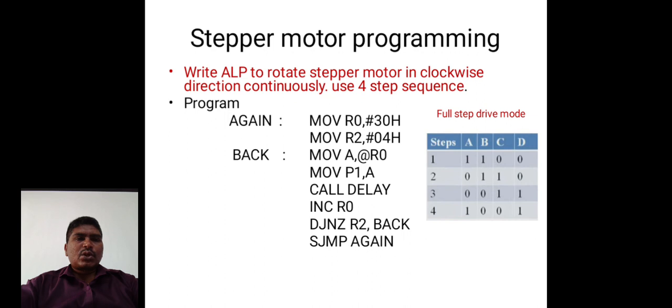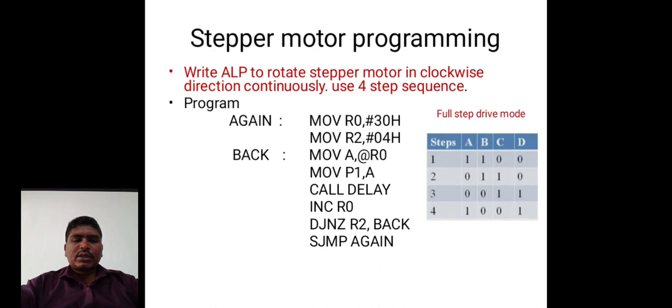Next, load the accumulator with the first sequence from R0, and next MOV P1, A, that means send this value to port 1.